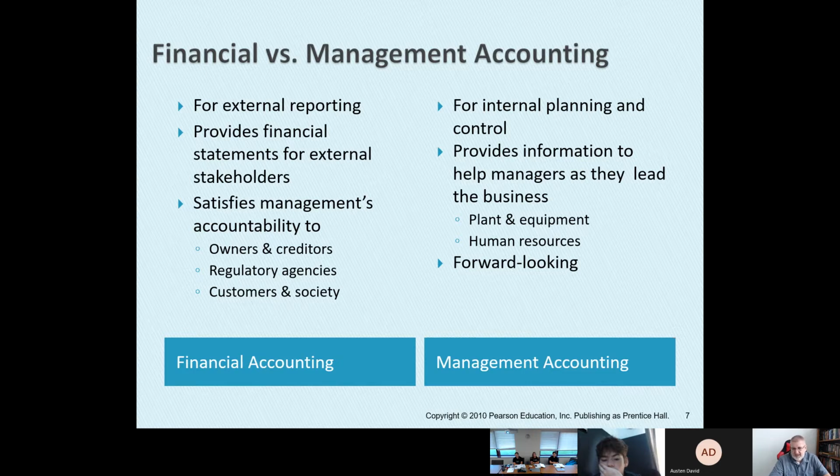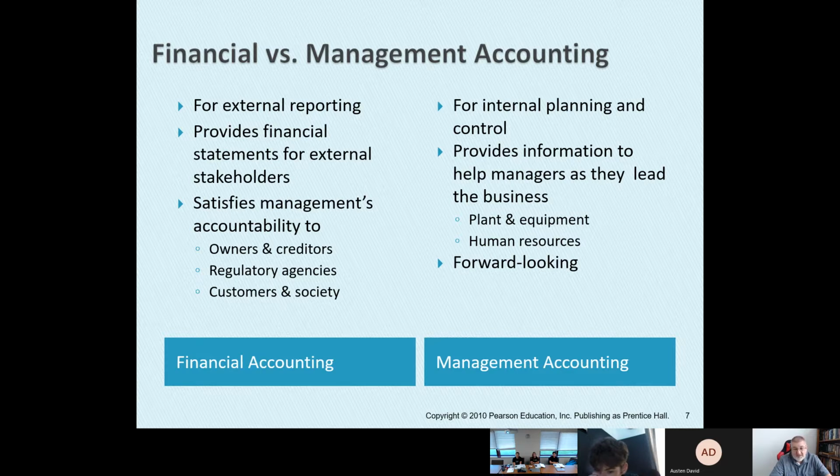Okay. Whereas on management accounting, if you look on the other side, that's internal things, like your financial accounting is never going to show cost of goods sold, where the managerial accounting will, because cost of goods sold is something that we use internal in the company to make sure that we're hitting our targets so that we are in fact profitable.